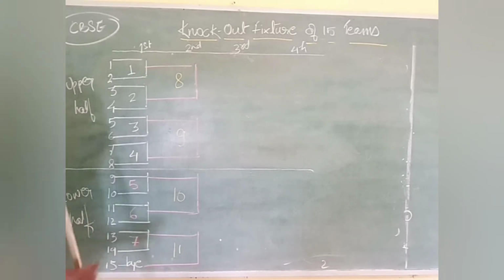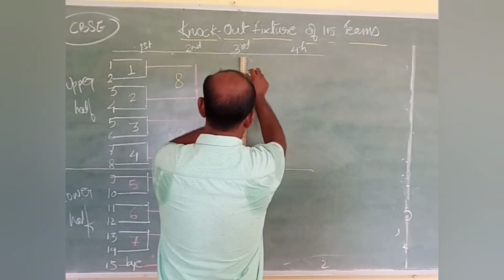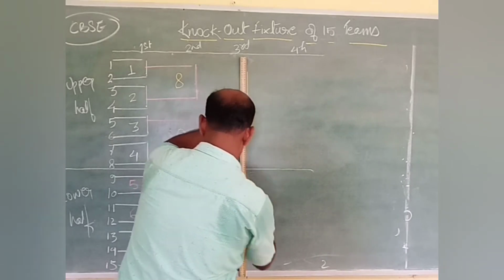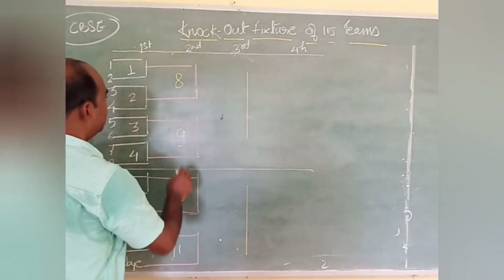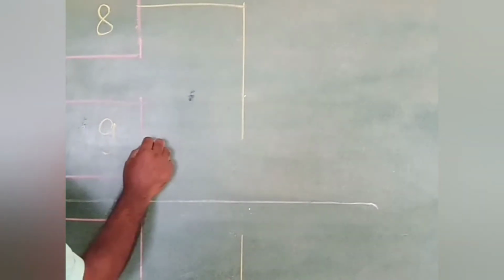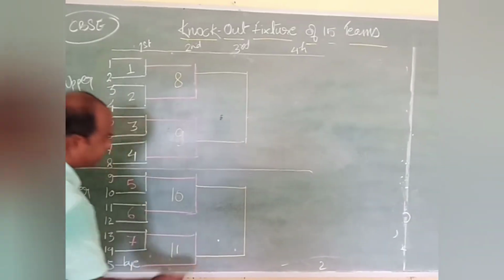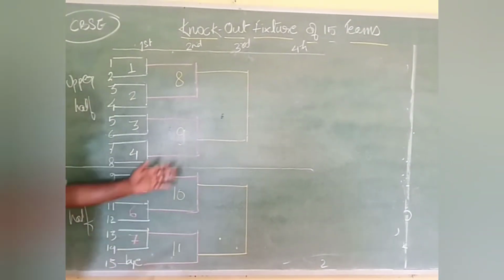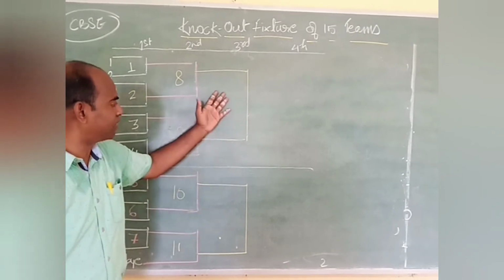So next round, the winner of this match is coming out, the winner of this match is coming out. The winner of this match is going to the next round, and the winner of this match is going to the next round. So these are the semi-finals: semi-final 1, semi-final 2.